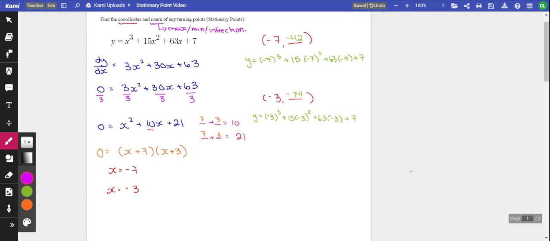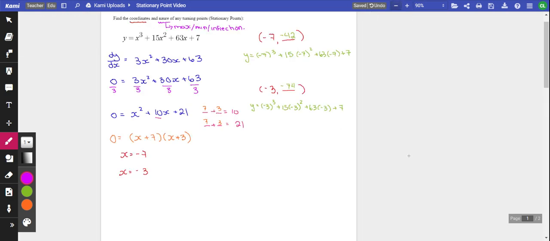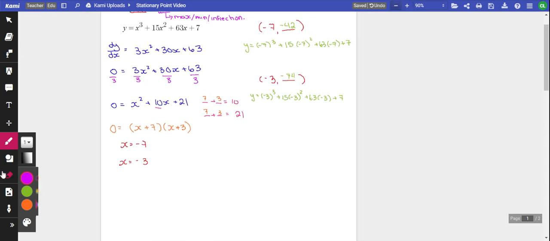So we're going to do our first derivative test. I like to set it up using a number line. I'm just going to try to keep everything on the screen here. So I'm going to draw my number line, and I'm going to put in my x values. So I have negative 7, and I have negative 3.